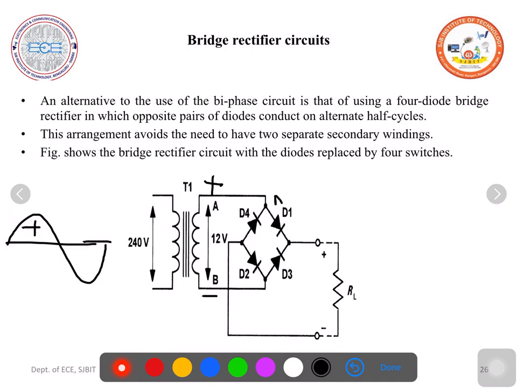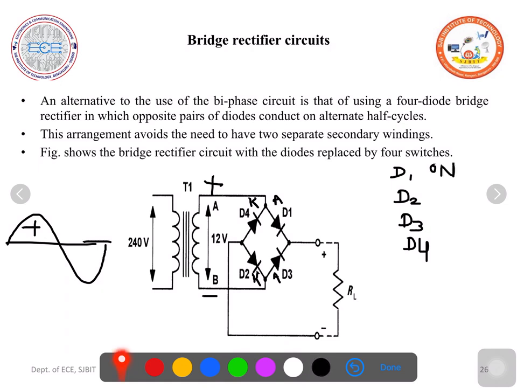This is the anode of D1, this is cathode of D4, this is anode of D3, this is cathode of D2. Now let us check the diodes which are on, off, forward biased or reverse biased. The anode of D1 is at positive potential than the cathode, so D1 is on.